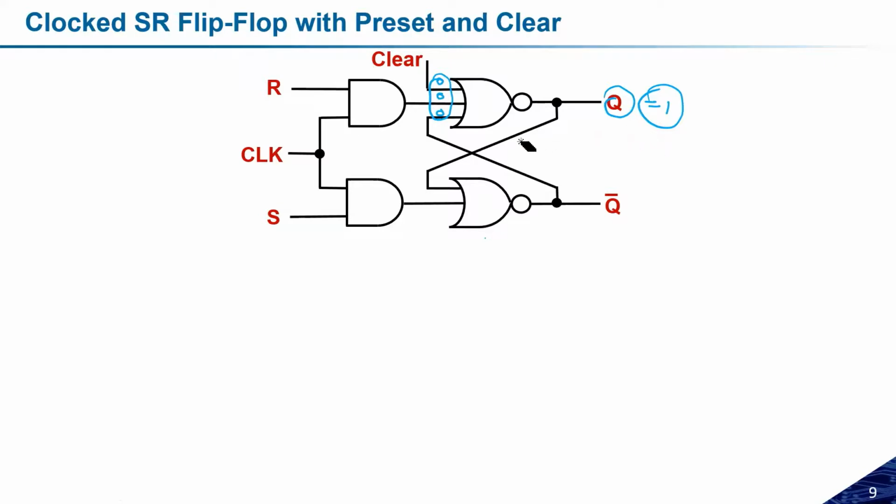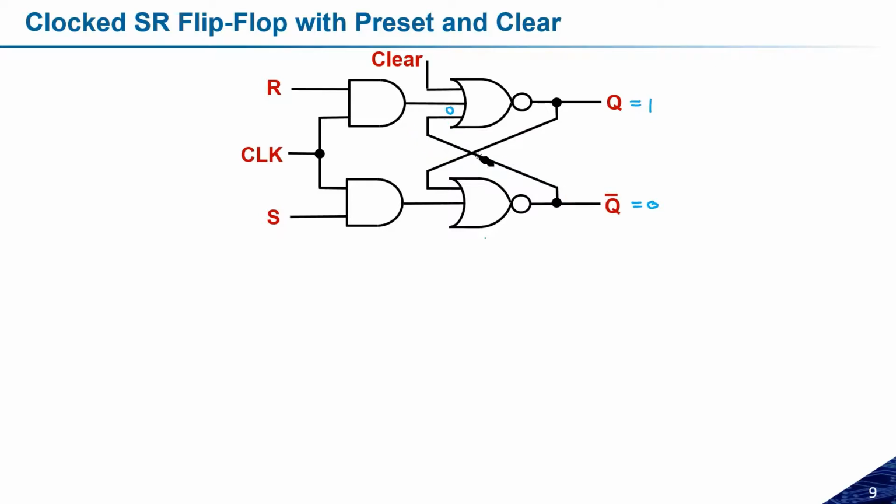Okay, so what will happen? Let us assume whatever the input I am getting here, initially QT was 1. So QT complement will by default be 0. What it means is this QT bar is connected to this point, which is the 0.